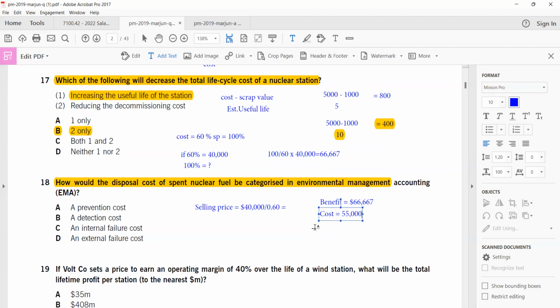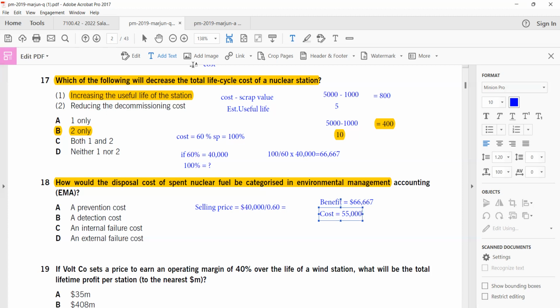They said if Voltco sets a price to earn an operating margin of 40% over the life of the wind station. So we are looking at this specifically for the wind station. In estimating the lifetime profit of the station, we need to know the total benefit of the station less the total cost of the station, which is the lifetime cost of the station. In estimating the total benefit, which was the selling price, they brought something tricky to help us calculate the selling price. They said margin.